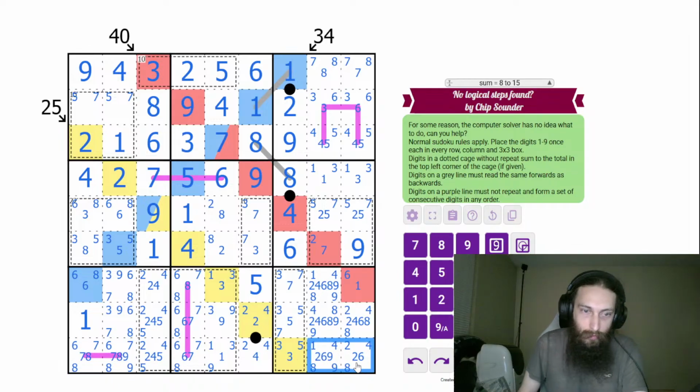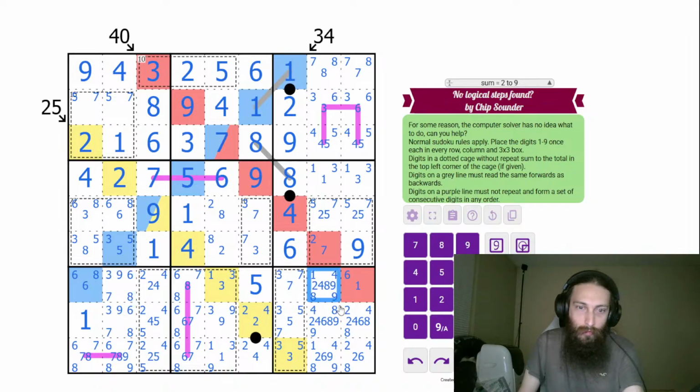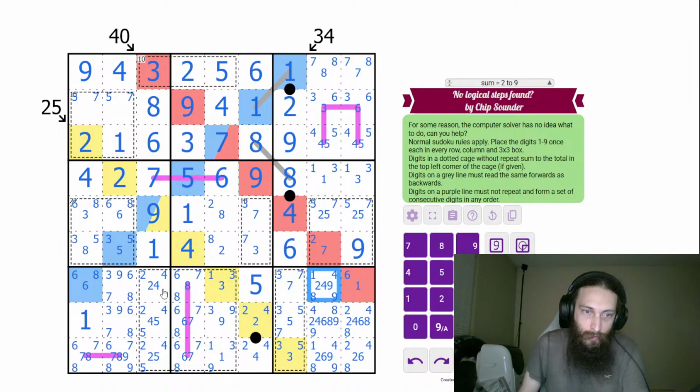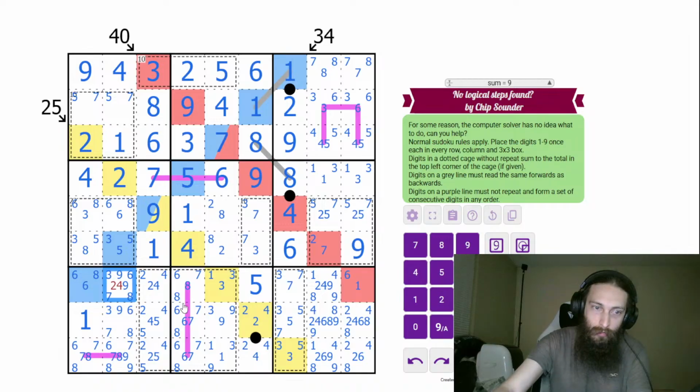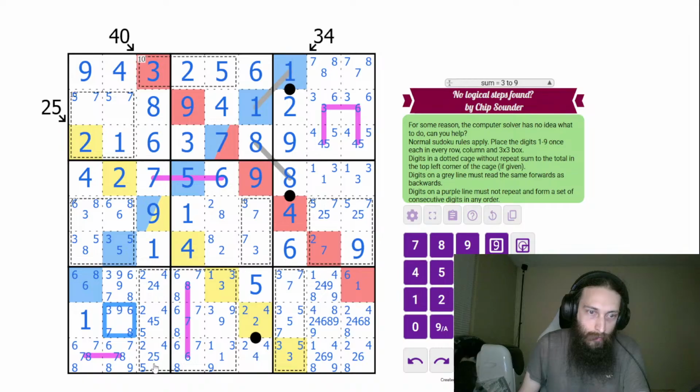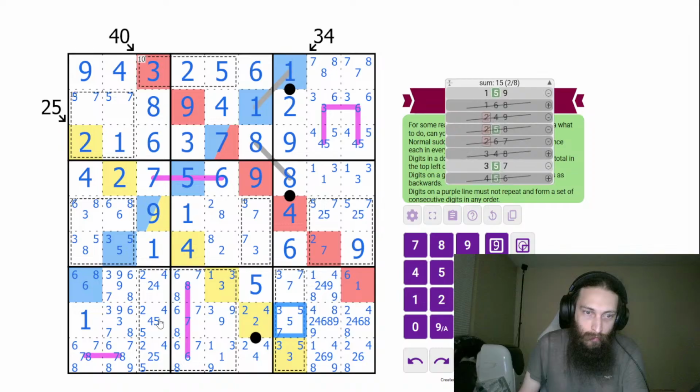Eight, 4. 4 here takes a 4 out of there. 2 says no 2 there. This one's into 6. 1, 8. 2, 4, and 9. So that has to be 9. 2, 4, 5. 3. 5.